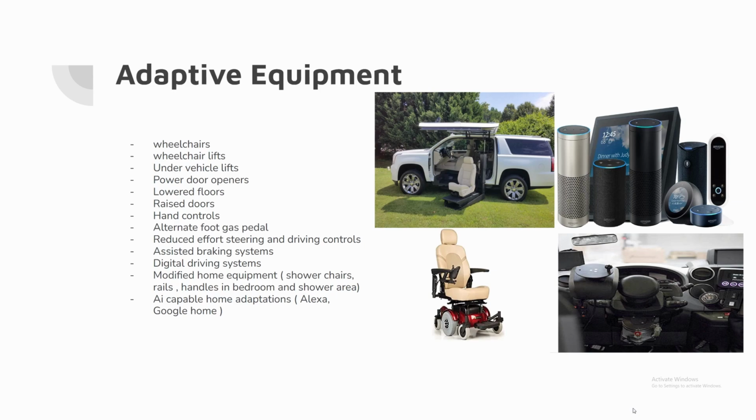Our disabled veterans, we often come into contact with wheelchairs, wheelchair lifts, under vehicle lifts, power door openers, lowered floors, raised doors, hand controls, alternative foot gas pedal, reduced effort steering and driving controls, assisted braking system, digital driving system, modified home equipment, which includes but is not limited to shower chairs, rails, handles in the bathroom and shower area, AI capable home adaptations, which is not limited, but also Alexa and Google Home.